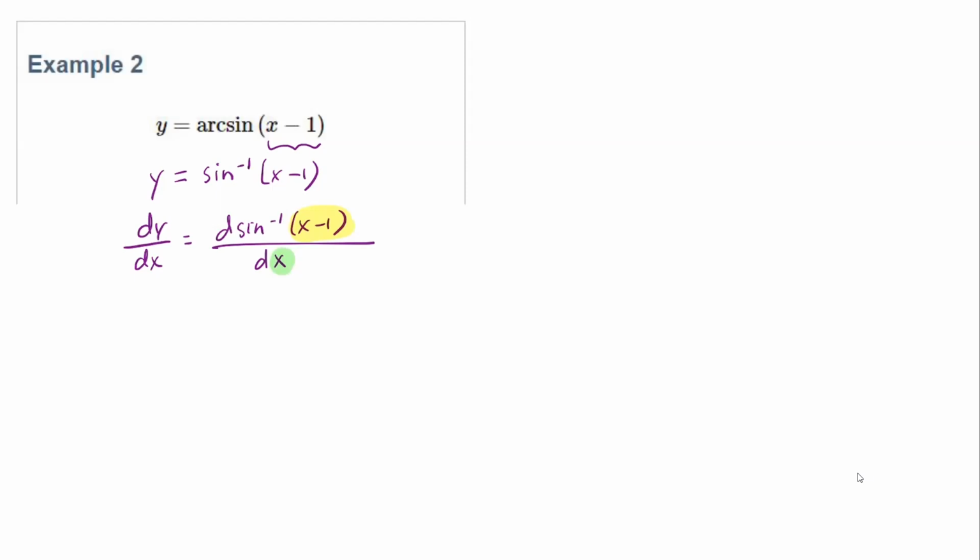If you recall the chain rule, you could convert this to something like d of sine inverse of x minus 1 over d of x minus 1, then multiply by d of x minus 1 with respect to x.